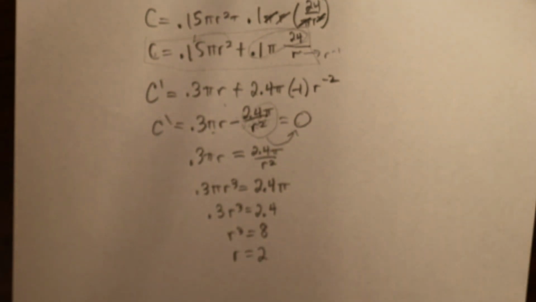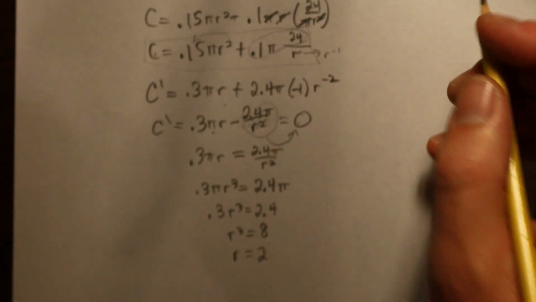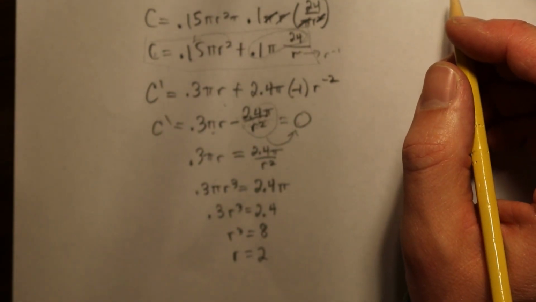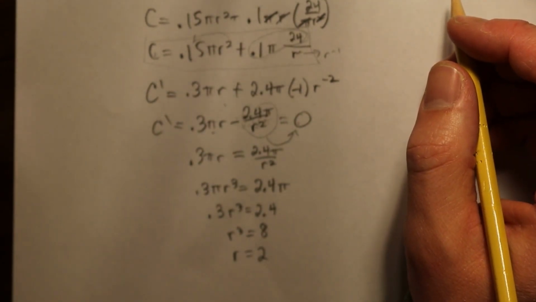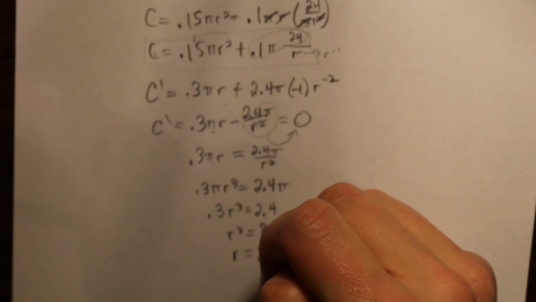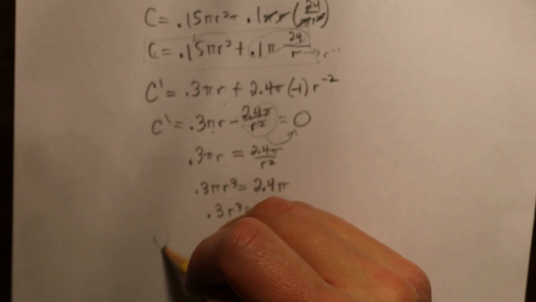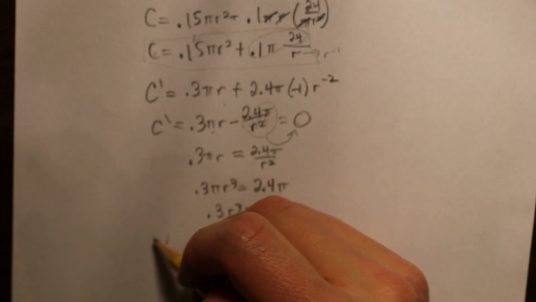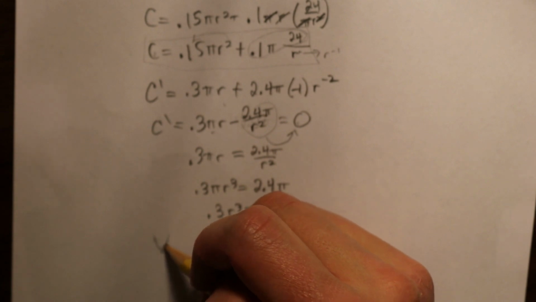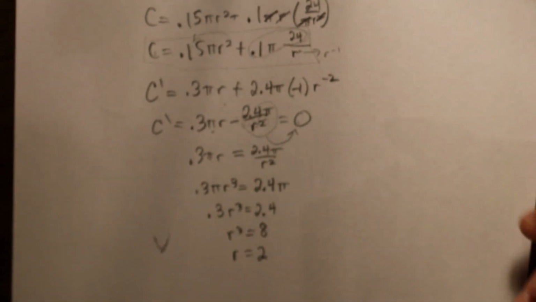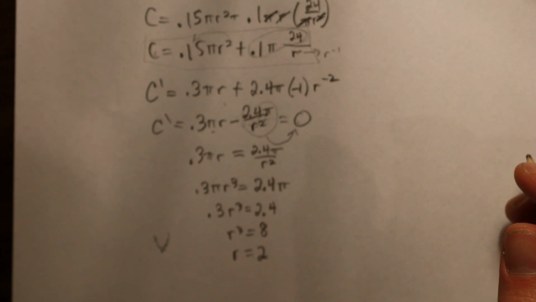Now, that might give me a max, that might give me a min. We've got to verify that we're actually getting a minimum cost and not a max. Let's see, how can we do that? We could figure out the second derivative and plug this into the second derivative and hope for a positive second derivative, which would give us a concave up cost graph and make this a min result, a result that yields a min.